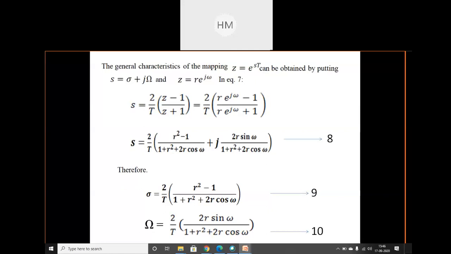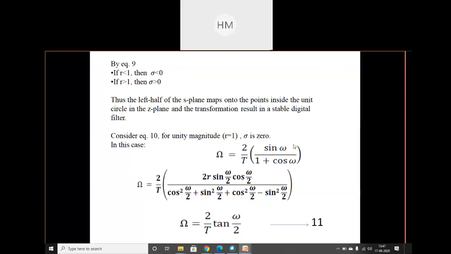You can write down the equation in your copy. Finish writing this equation, sigma and omega. Okay, next equation.